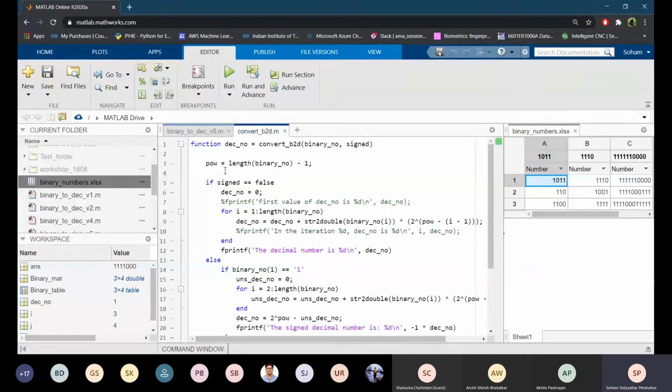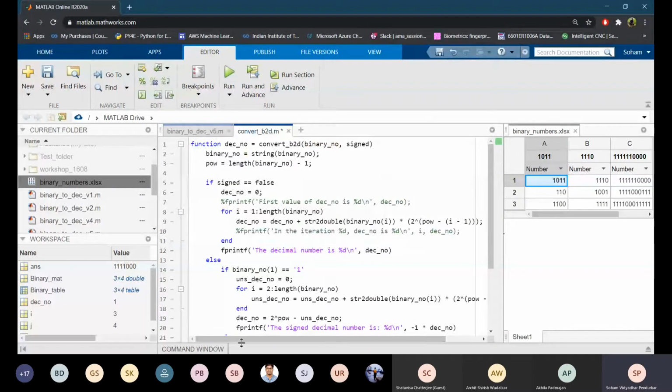So let's write this: whenever you receive a number, you first convert it to a string. So binary number is equal to, there is a function string, I think. So this is how you convert to a string.